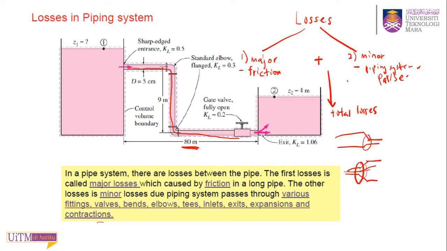And why do we need to know these losses? Anyone? Want to guess? Kenapa kita kira losses ni? Untuk apa? Siapa nak try? Kenapa kita kena kira losses? Why do you calculate all these losses? For what reason?